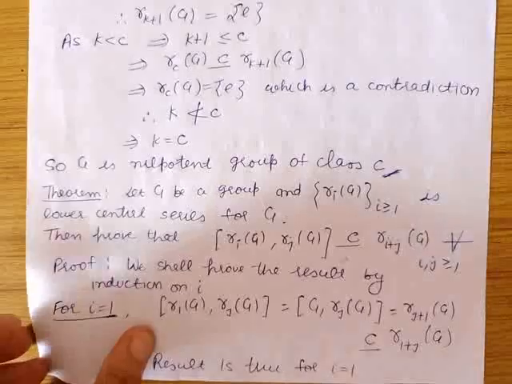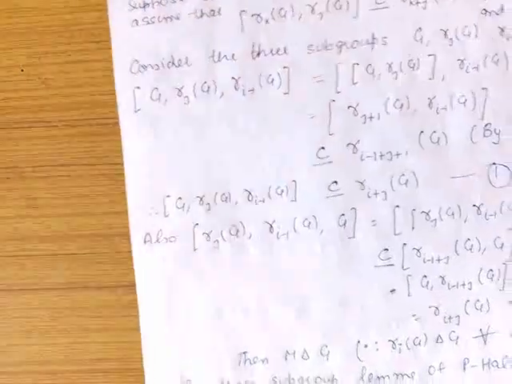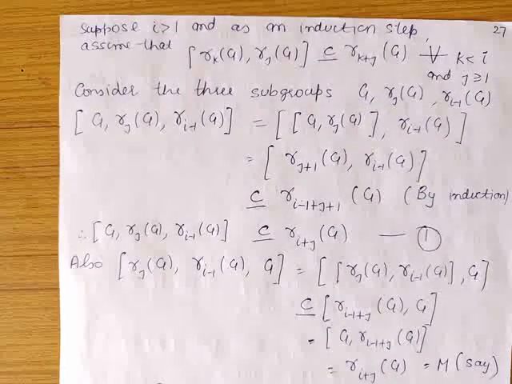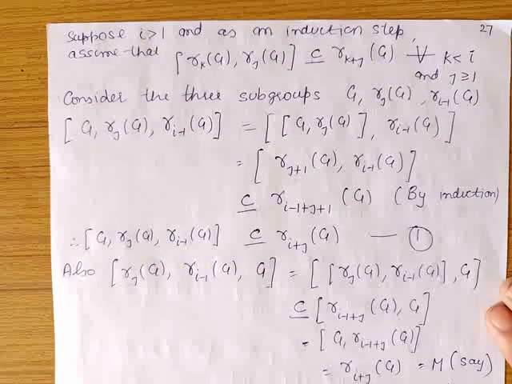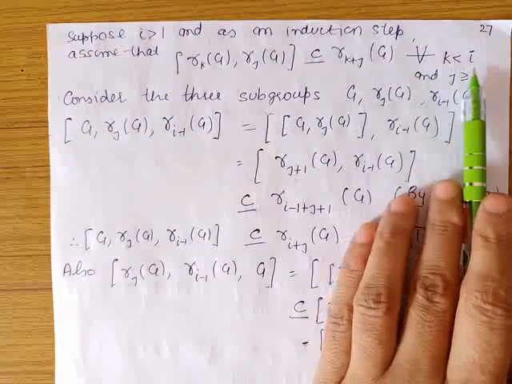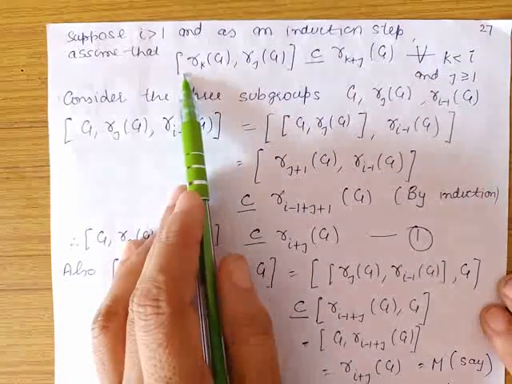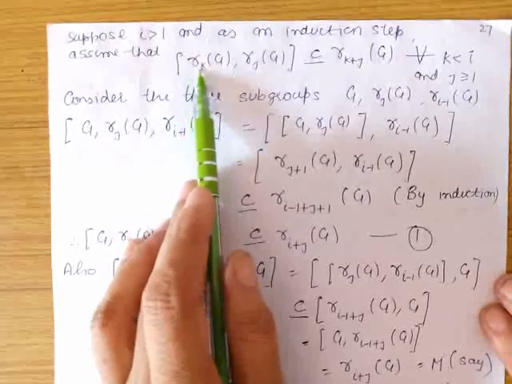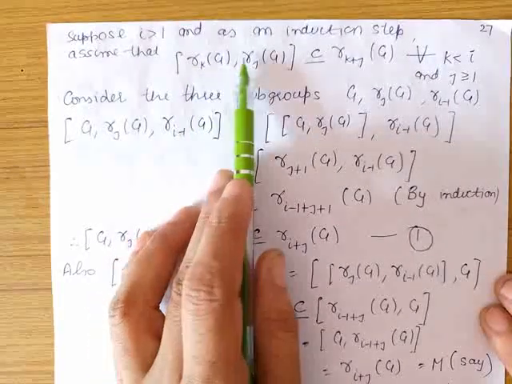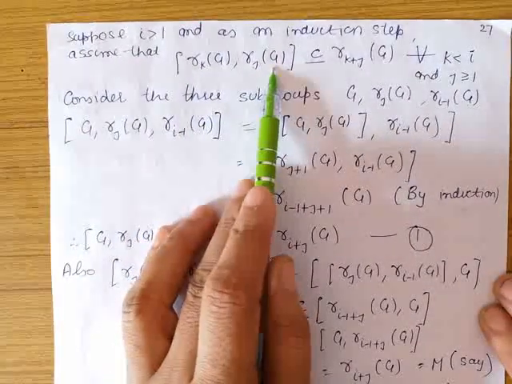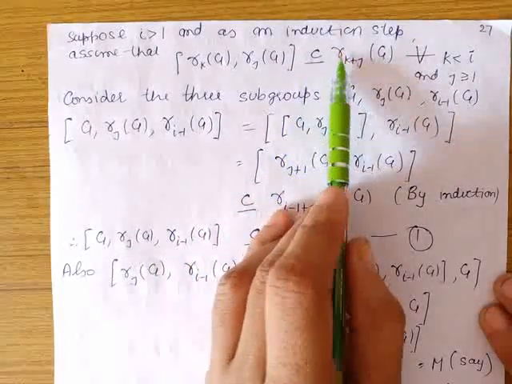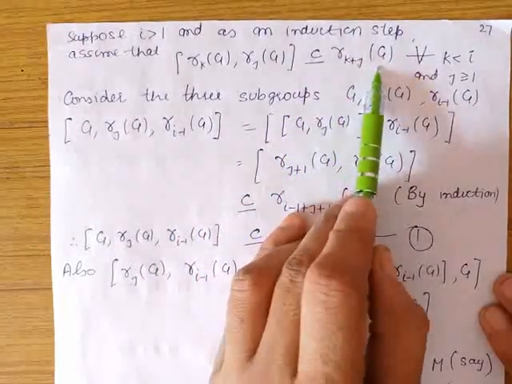Now, in the next step, let us assume that i is greater than 1 and the result is true for every k which is less than i, such that the commutator of γ_k(G) with γ_j(G) is contained in γ_{k+j}(G).